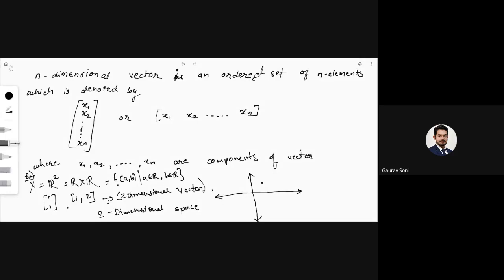Then I can also make a three-dimensional vector. Say I take the space R3, which is R cross R cross R, which means the space will have three axes: x-axis, y-axis, and z-axis, the three-dimensional space. Dimension means simply the number of axes that you can have. When you take any point in the space, for example, I can have (-1, 1, 2).